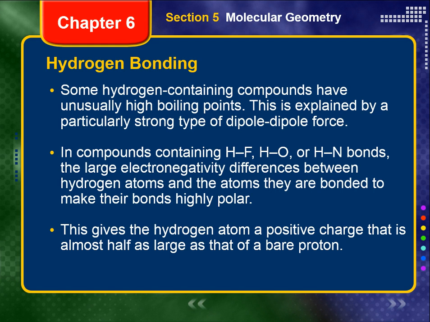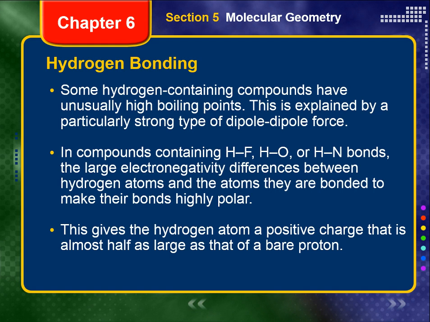In such compounds, the large electronegativity differences between hydrogen atoms and the fluorine, oxygen, or nitrogen atoms makes the bonds connecting them highly polar. This gives the hydrogen atom a positive charge that is almost half as large as that of a proton. Moreover, the small size of the hydrogen atom allows the atom to come very close to an unshared pair of electrons in an adjacent molecule.